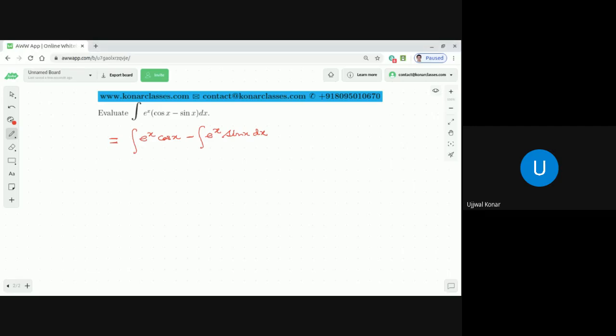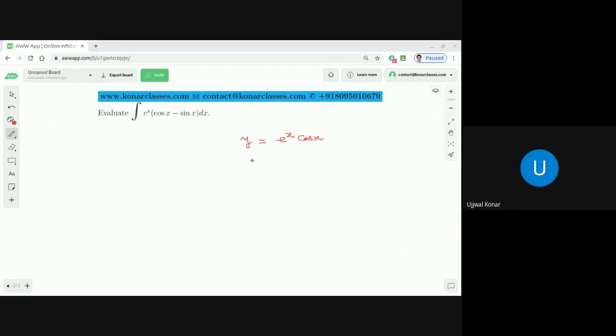We will learn one topic, and then we will see how we can do it very easily. Let's take a function e power x cos x. Suppose we have a function e power x cos x.